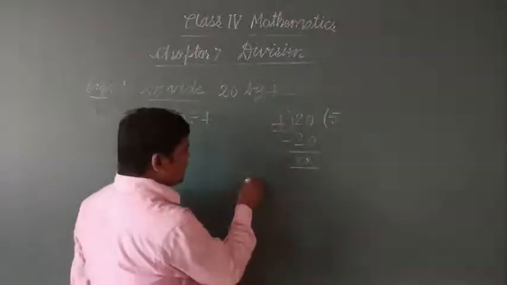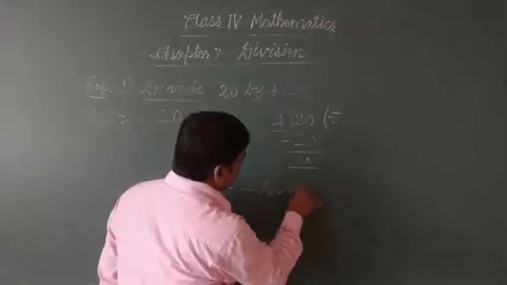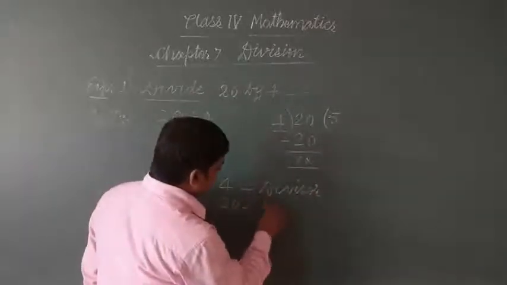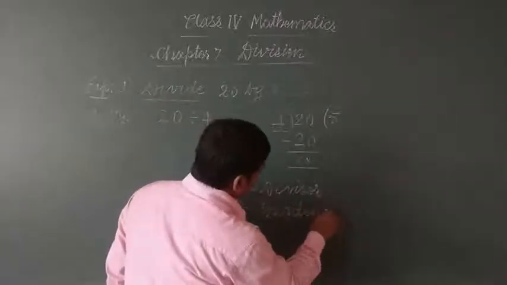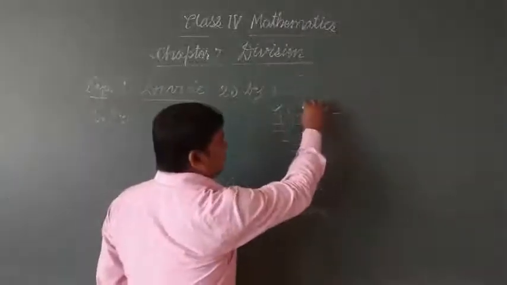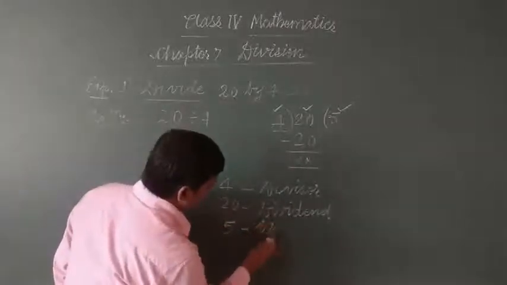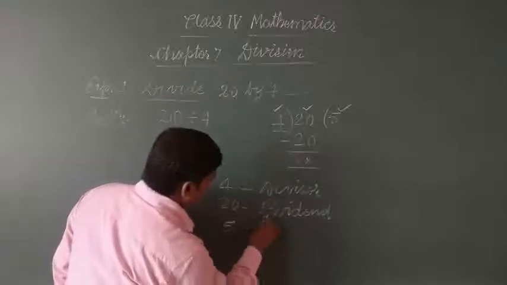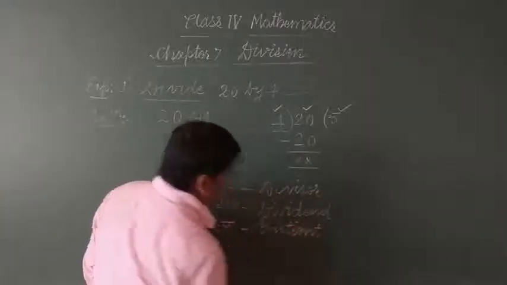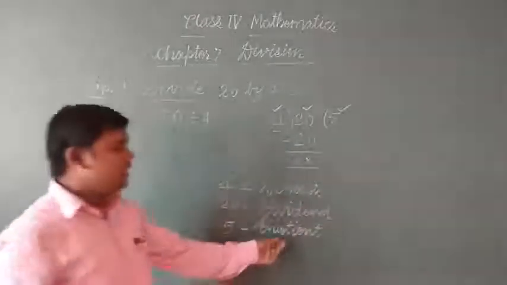So 4 is called the divisor. 20 is called the dividend. 5 is called the quotient.